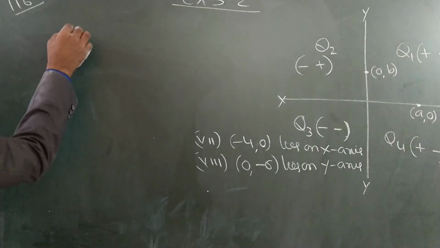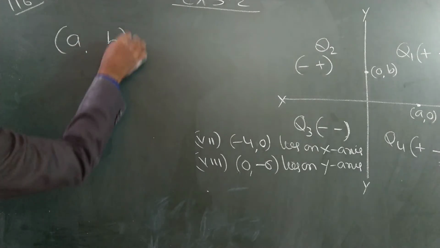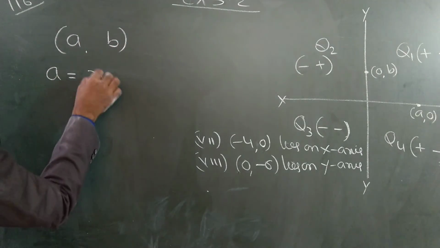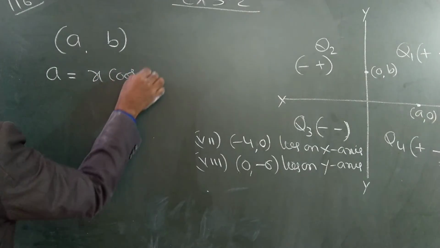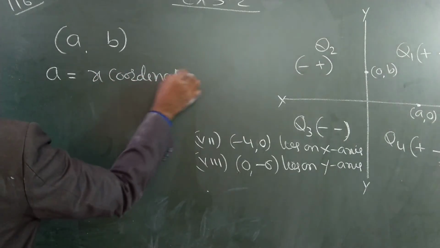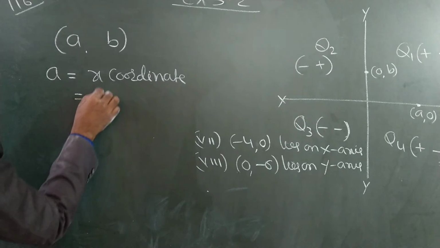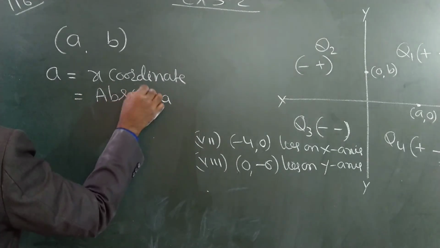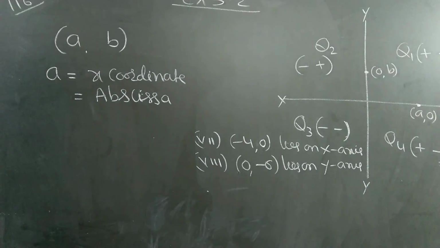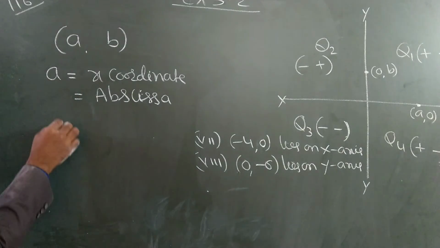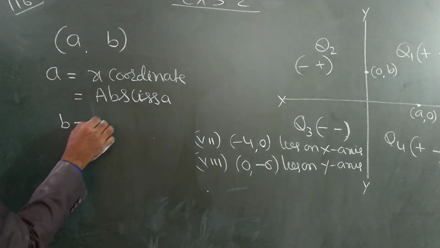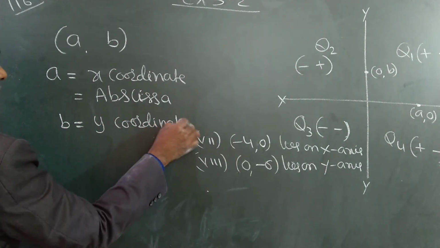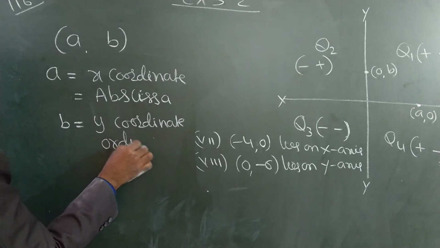See here, suppose I gave the point A comma B. What is A? A is called x coordinate, or also called abscissa. B is called y coordinate, also called ordinate.